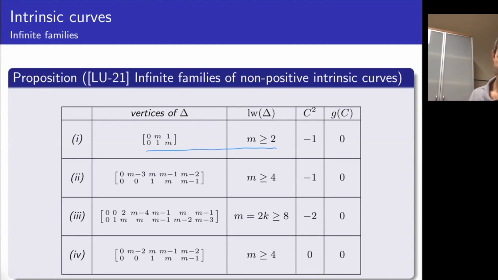The same for the other cases. So we have these two families of intrinsic -1 curves, and this is in a way special because, as we saw, there are no expected intrinsic -2 curves, and so this is a family of unexpected intrinsic negative curves.